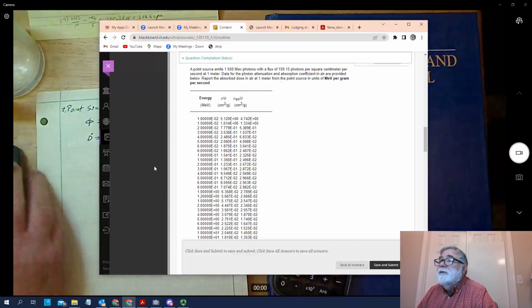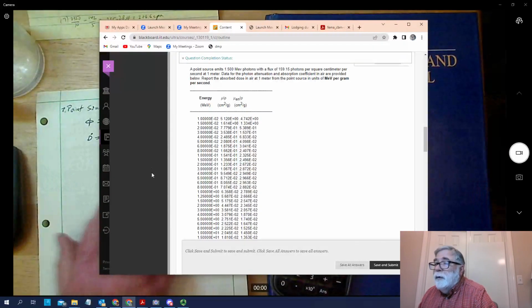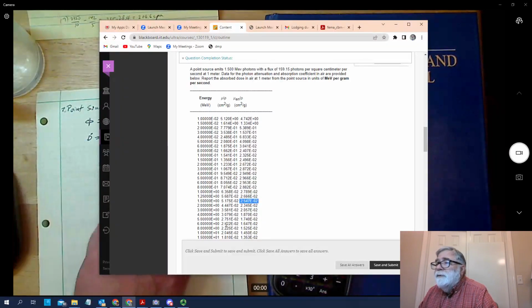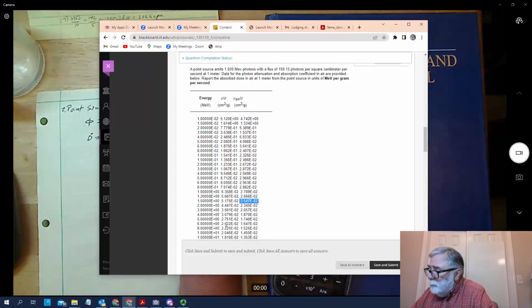And let's figure out mu En over rho for 1.5 MeV photons. This is mu En over rho, 2.547 times 10 to the minus 2.